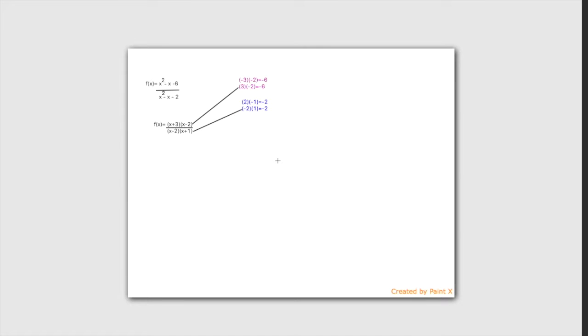To solve a rational function, you have to factorize both equations. To factorize them, you have to look for two numbers that multiply by each other to give you -6 in the first equation and -2 in the second equation.